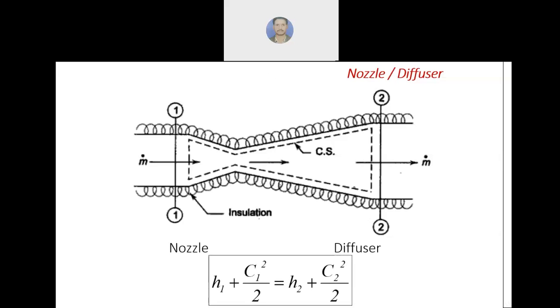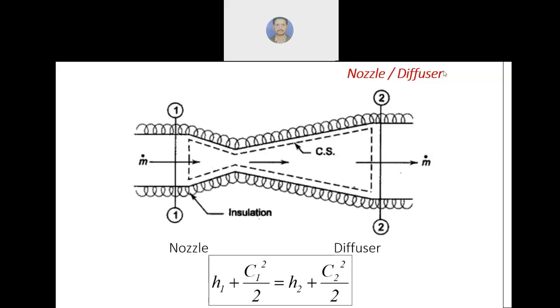So what did you observe? This decreasing cross section or decreasing diameter is nothing but a nozzle. This increasing cross section, or diverging, is a diffuser.